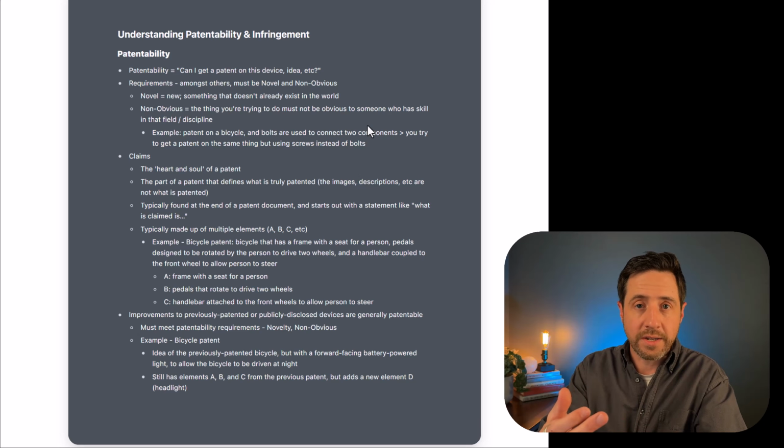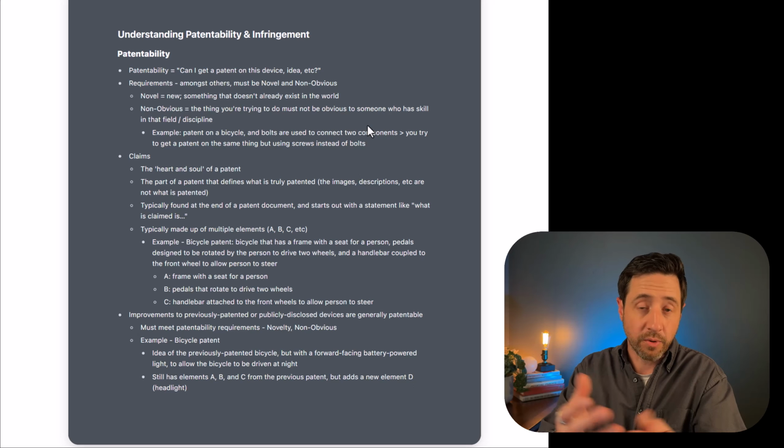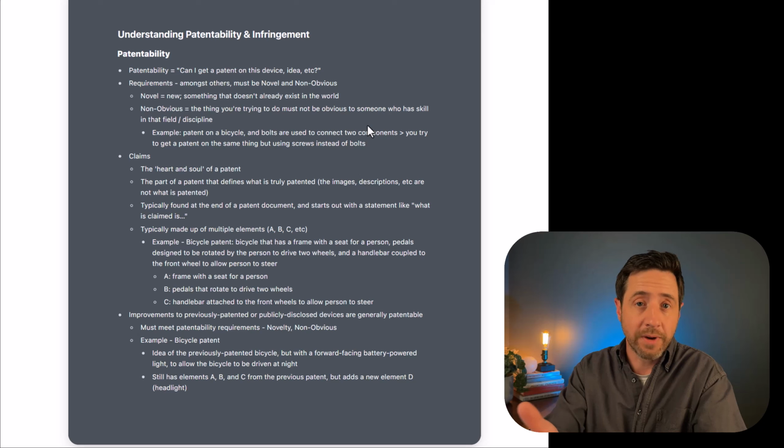So if we look at our idea here of taking a bicycle that's already out there, and we're going to add a light to it so the person can drive it in low light conditions or at night. That is, provided that no one else is doing that, there's no one selling it, and there's no other patent out there, that would be new. And then that would most likely be non-obvious. I don't think it would be obvious to someone to add a light to a bicycle.